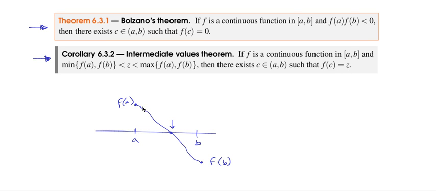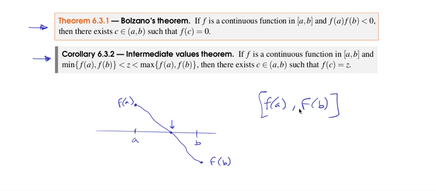Okay, in other words, what this says is that f is going to go over every value between f(a) and f(b), every real value that's in this interval.